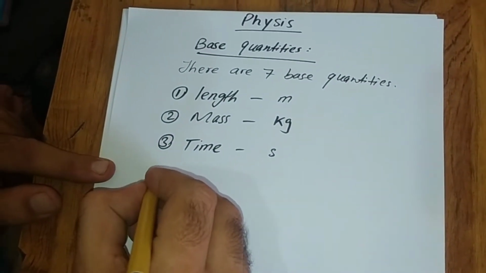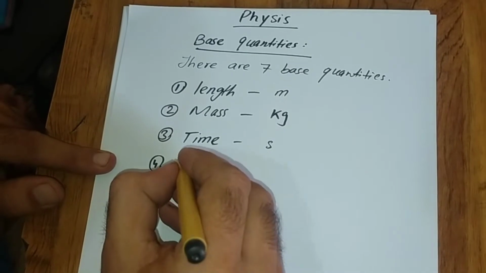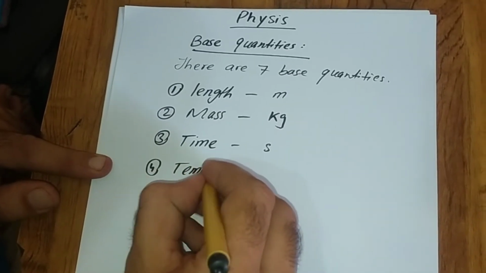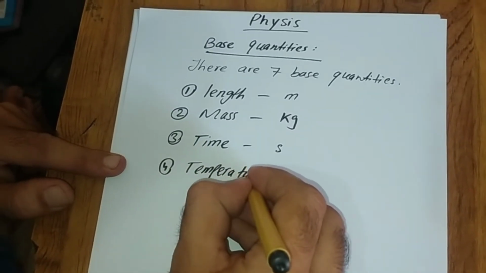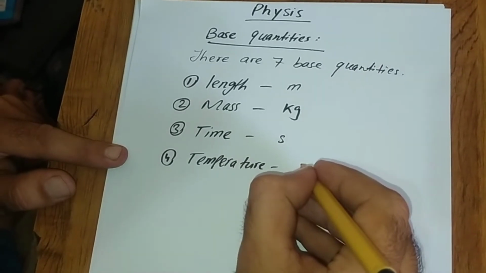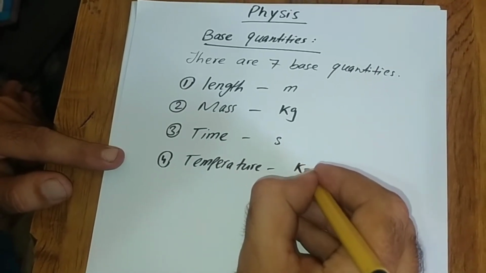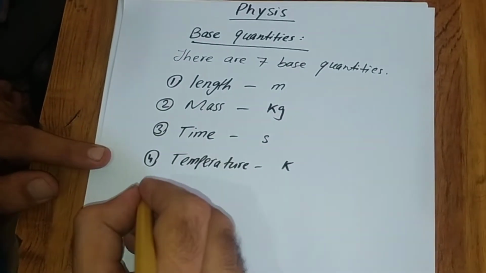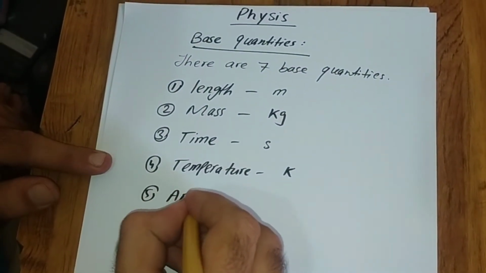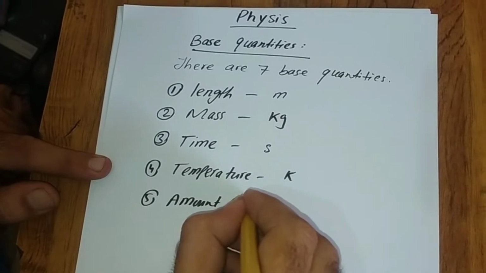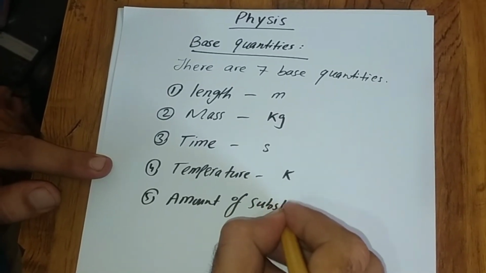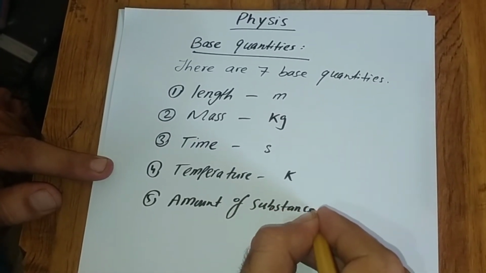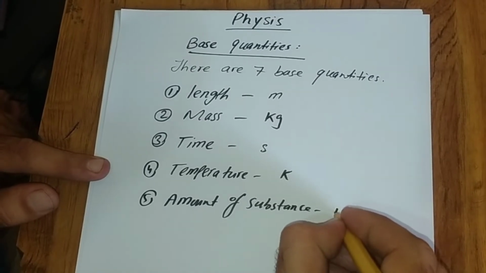And number 4 is temperature. Its unit is Kelvin, and Kelvin is written as K. And number 5 is amount of substance. Its unit is mole.